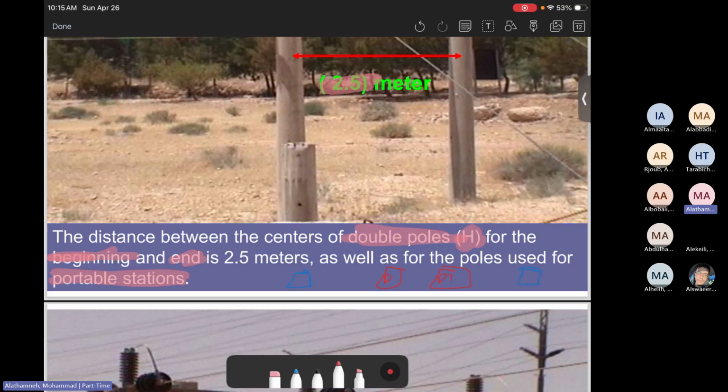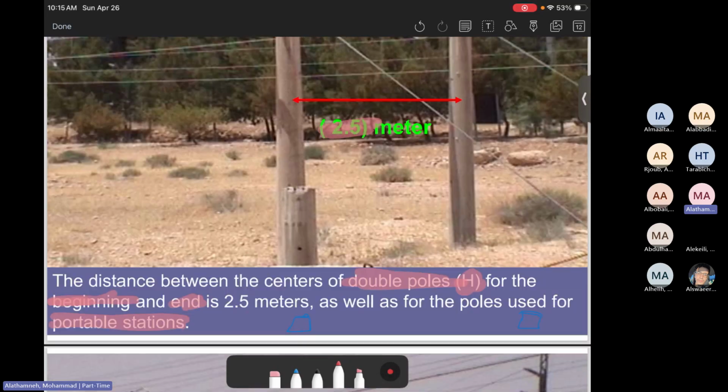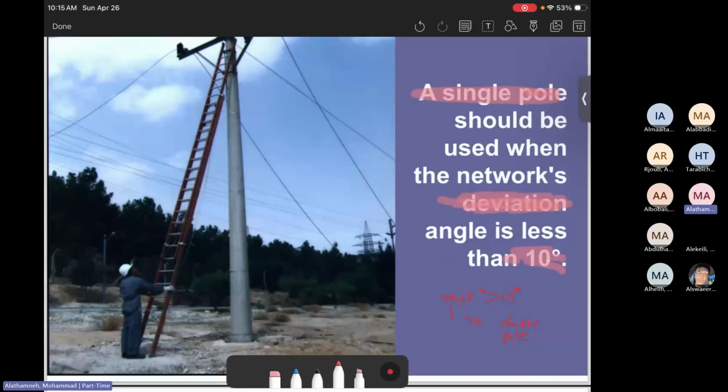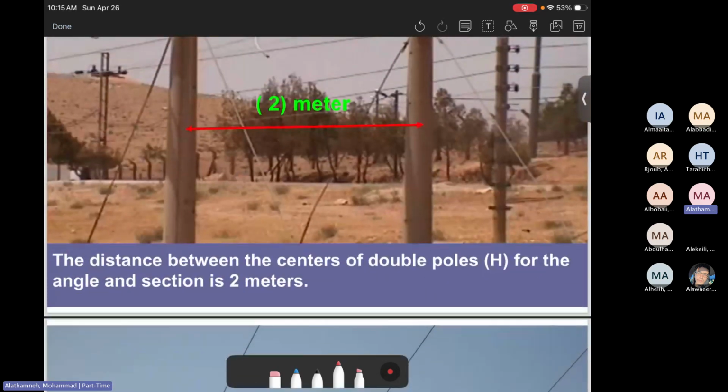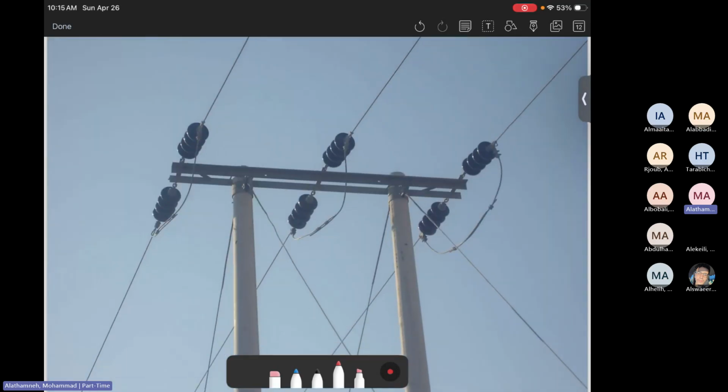However, if the angle is below 10 degrees, then we use a single pole. If it is not at the beginning, or there are some angles, then you use 2 meters.